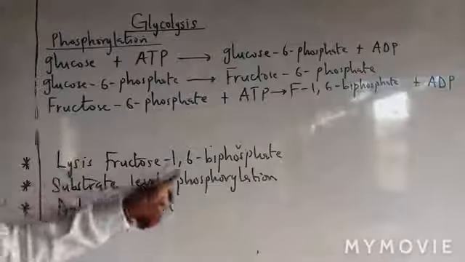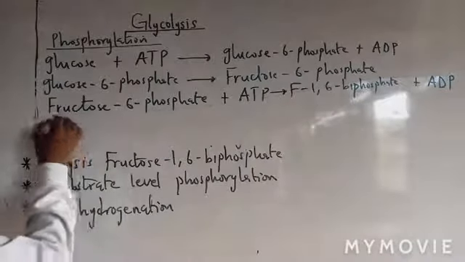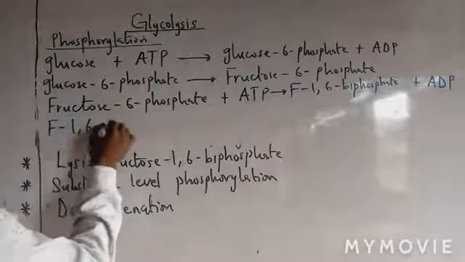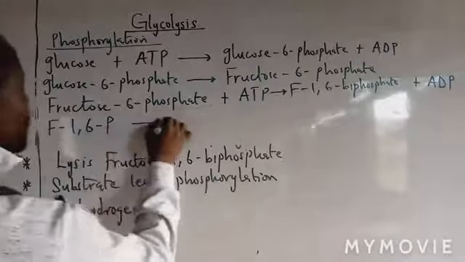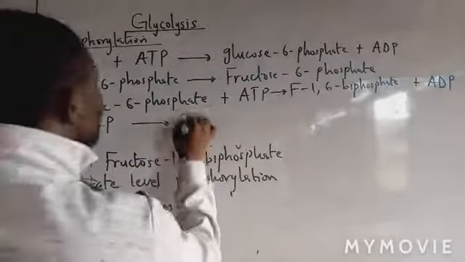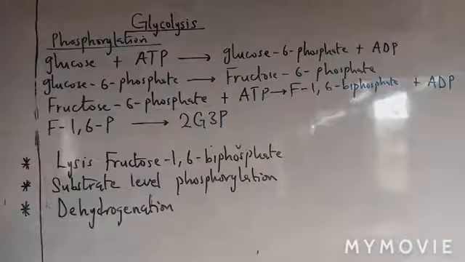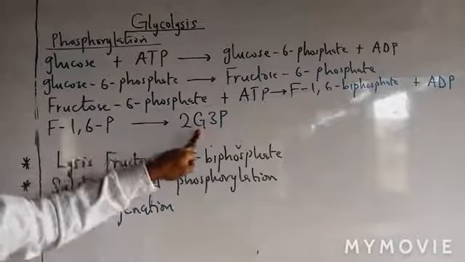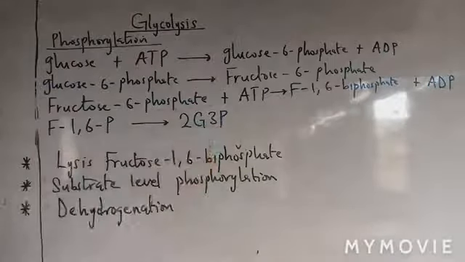Then the next thing is lysis of fructose 1,6 biphosphates. Fructose 1,6 biphosphates we split to give us 2G3P. 2G3P simply means glyceraldehyde 3 phosphates.